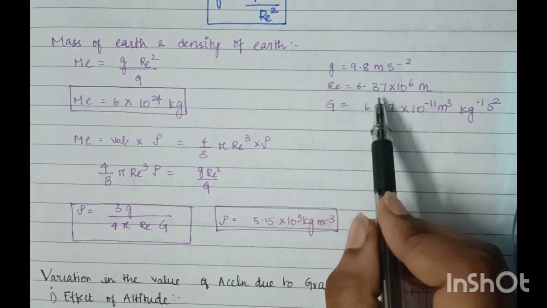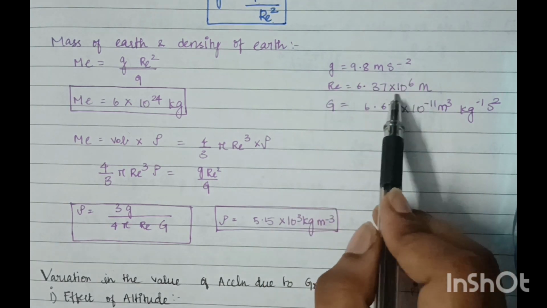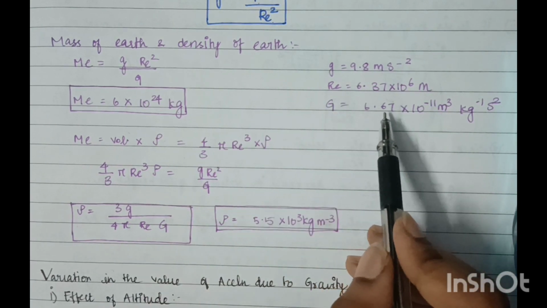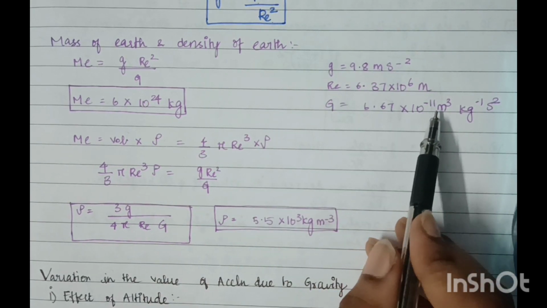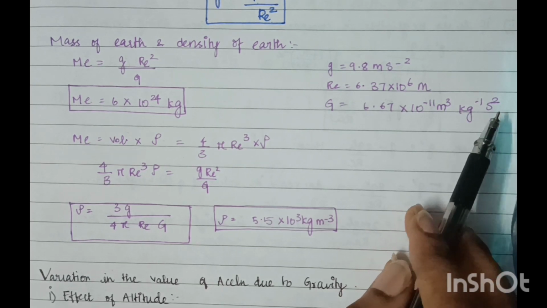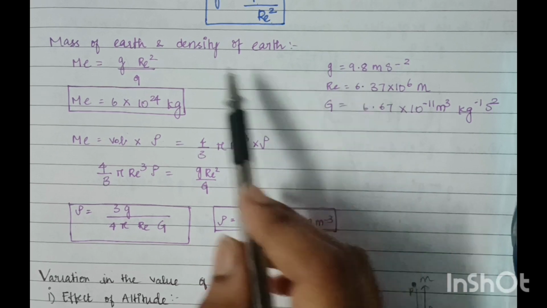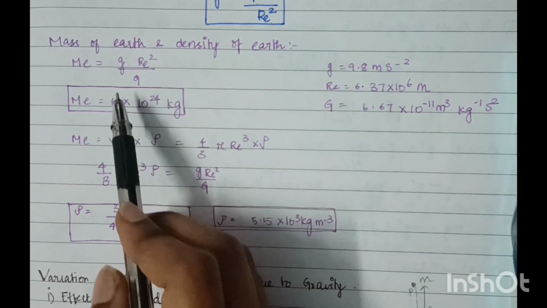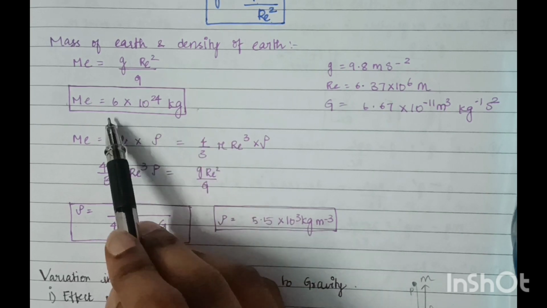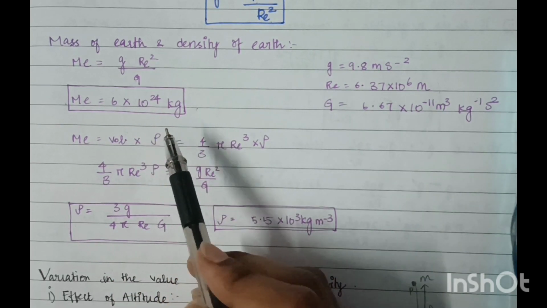The radius of earth is found to be 6.37 into 10 power 6 meters. And capital G, the gravitational constant, has a value of 6.67 into 10 power minus 11 meter cube kilogram power minus 1 second power minus 2. Substituting these in this expression, we get the mass of the earth as 6 into 10 power 24 kilograms. So this is the value of the mass of the earth.